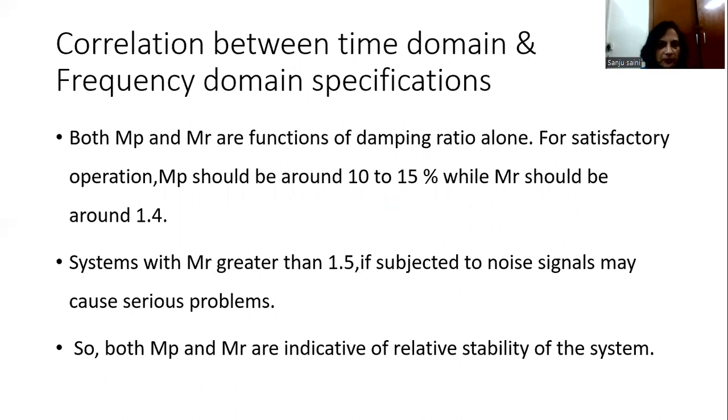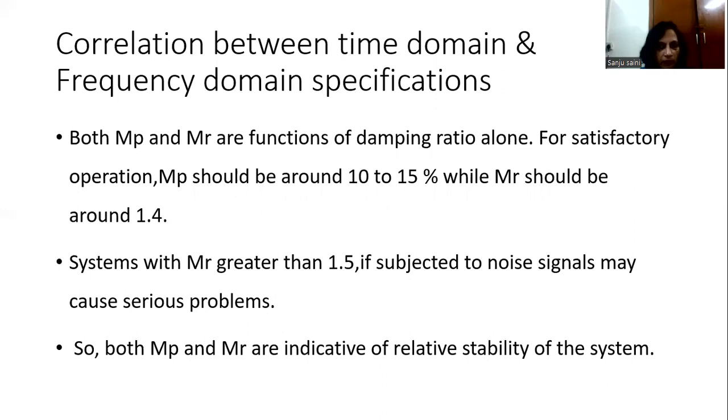As we have derived the expression for MP also, there we could see that MP, that is the peak overshoot, is also a function of the damping ratio. MR, that is the frequency response resonant peak, is also a function of the damping ratio.